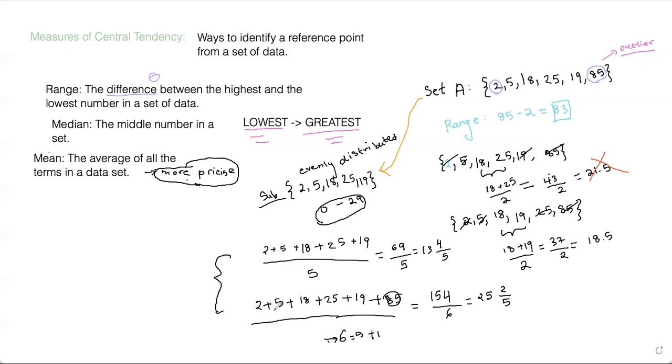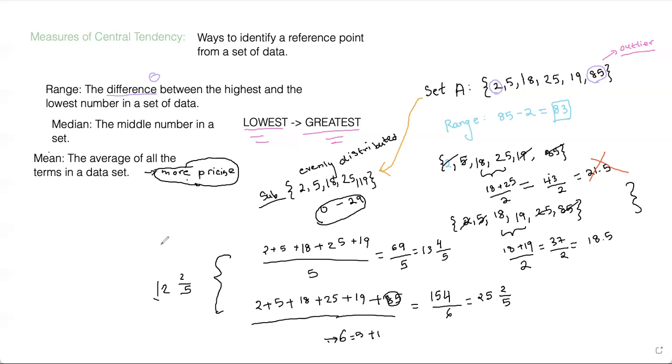So the big values that don't necessarily follow the same range of numbers influence the mean. Just look at it here. Adding 85, the difference between with 85 and without 85 seems to be massive. The difference is 12 and 2/5, sorry, not 12.5. That's humongous, even bigger than the difference when we made a mistake with medians.